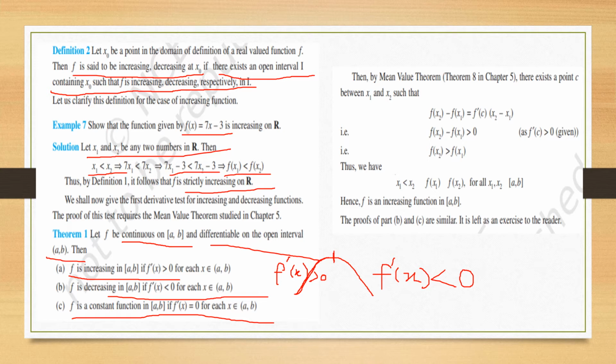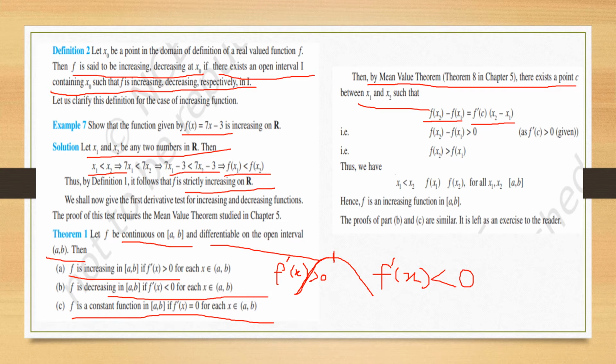So what we can do is use the mean value theorem. We know that if a function is continuous in [a, b] and differentiable in the open interval (a, b), then by the mean value theorem there exists a point c between these 2 points x1, x2 such that f of x2 minus f of x1 equals f dash c times (x2 minus x1). You know that slope at that point, f dash c, was equal to (f of b minus f of a) upon (b minus a).